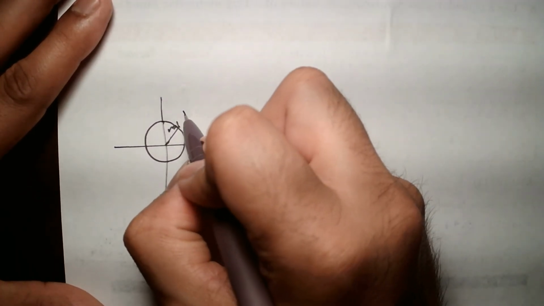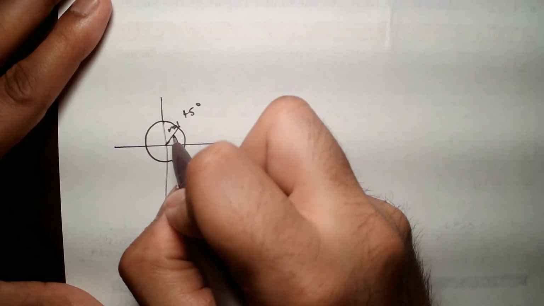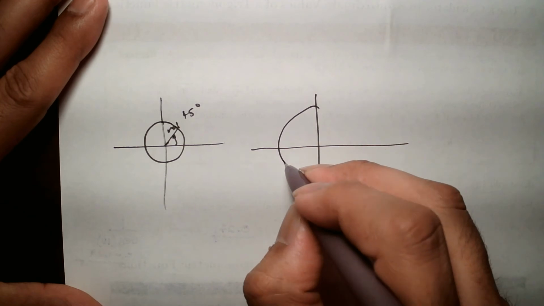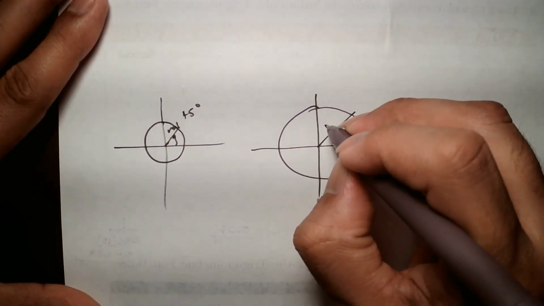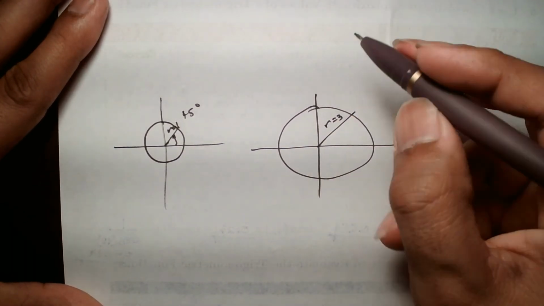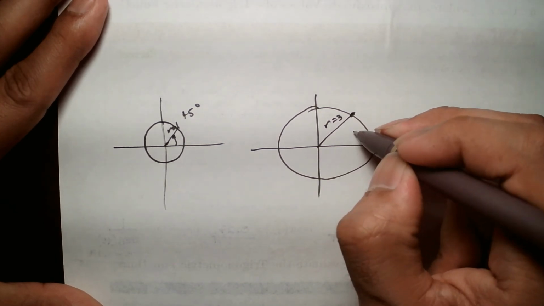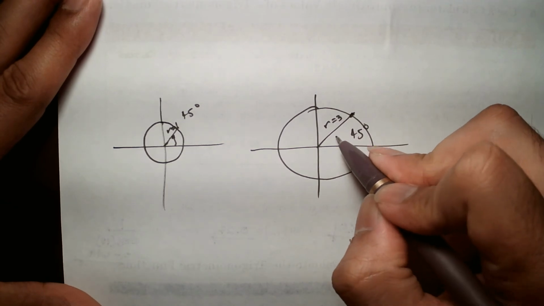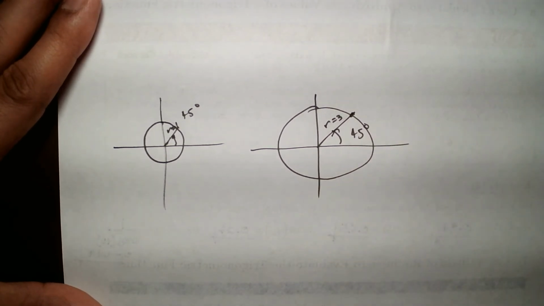For example, if I say 45 degrees, right? If I make this circle bigger, let's say to a radius of r equals 3, all I did in this case is change the length of the radius. However, the angle remains exactly the same.